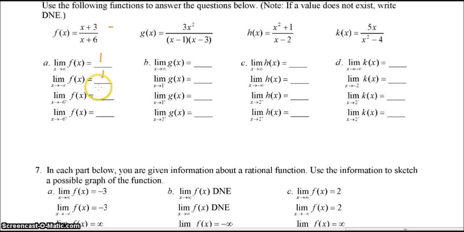We're going up towards positive infinity. I know that because there's a vertical asymptote there. As we approach 6 from the right, like positive 7, we'll see negative 5. Negative 5 plus 3 is negative 2.